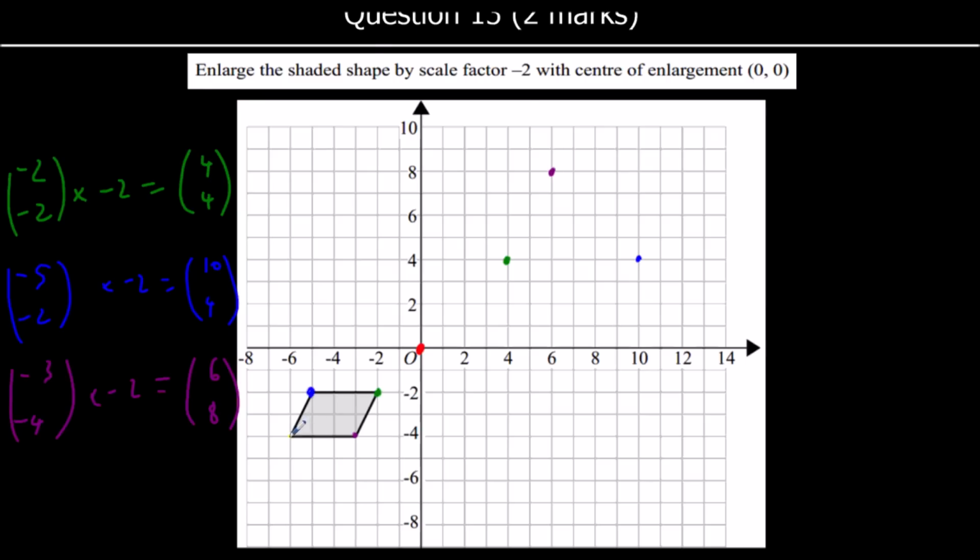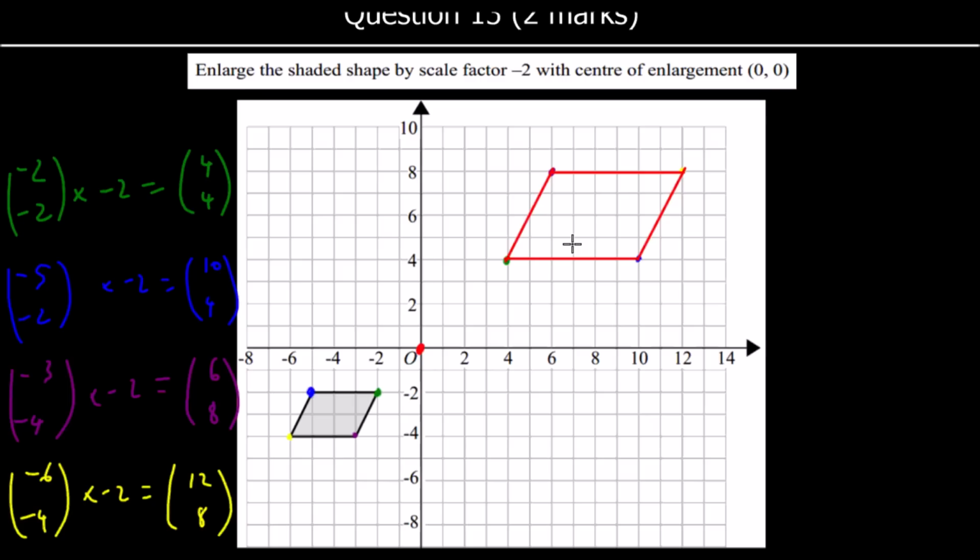And this yellow point, back 6, down 4, times by the scale factor. That's 12, 8. So just join up the points, and there is our new shape.